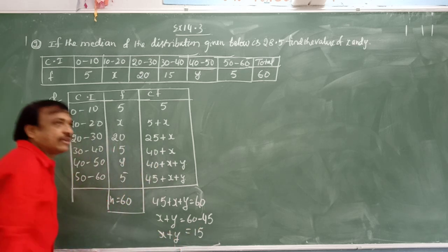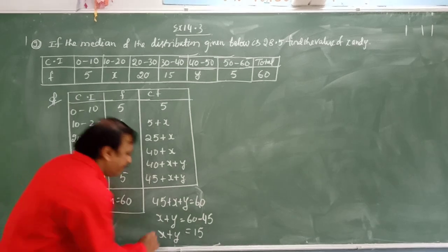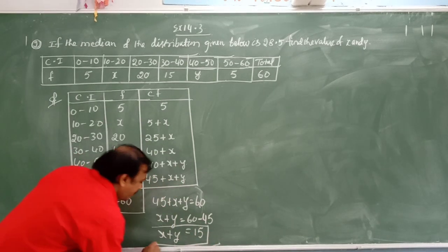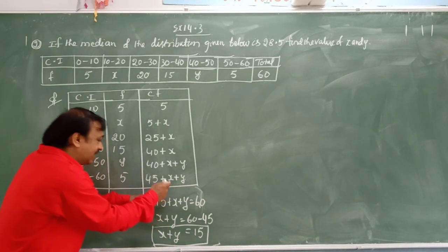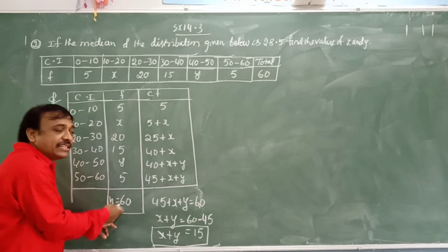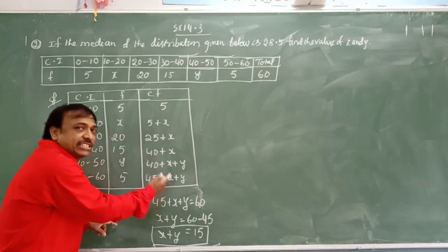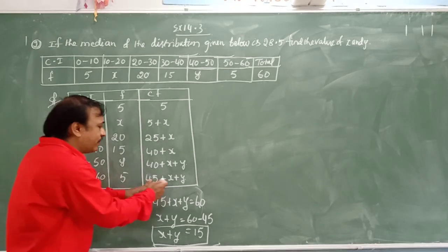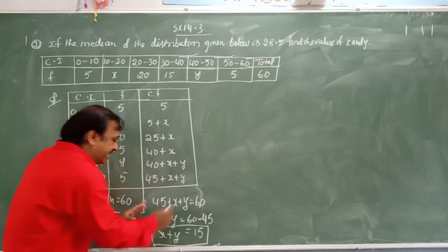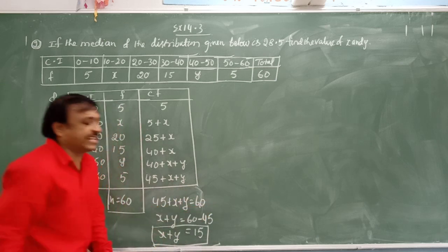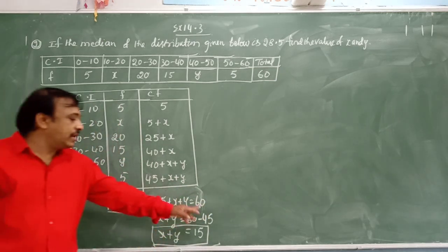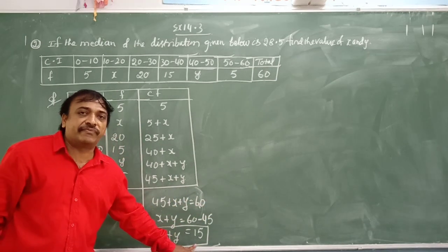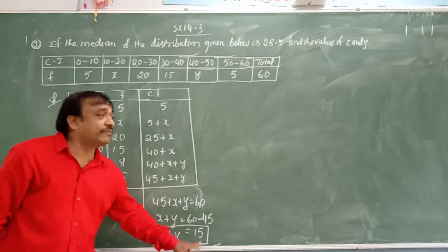Observe it, the last value of the cumulative frequency column should be equal to the total frequency. So, transposing 45 to that side, 60 minus 45 gives 15. So x plus y is equal to 15.